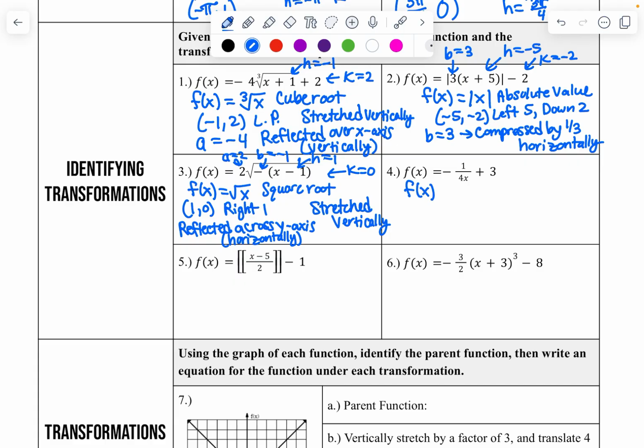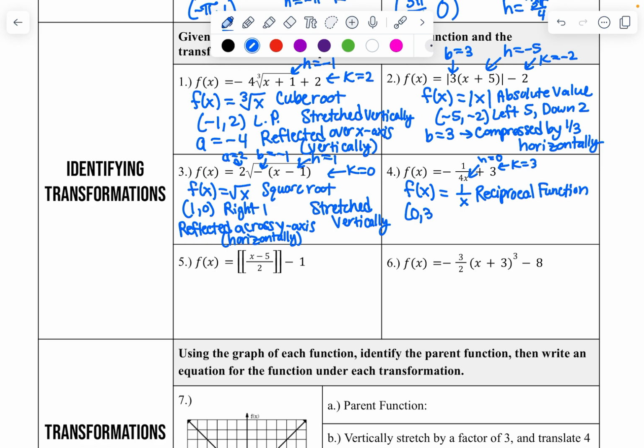All right, so number 4, the parent function here is the reciprocal function, or the rational function. So there's nothing being subtracted from x, so h is 0, k is 3.